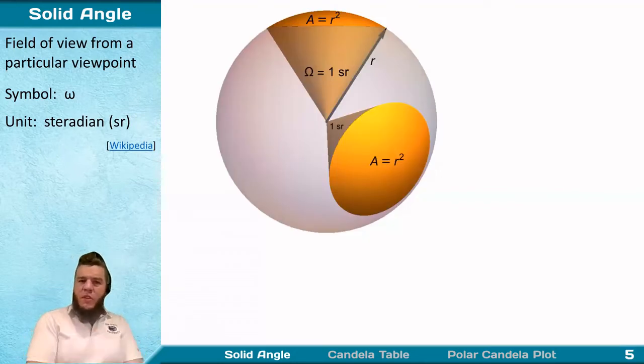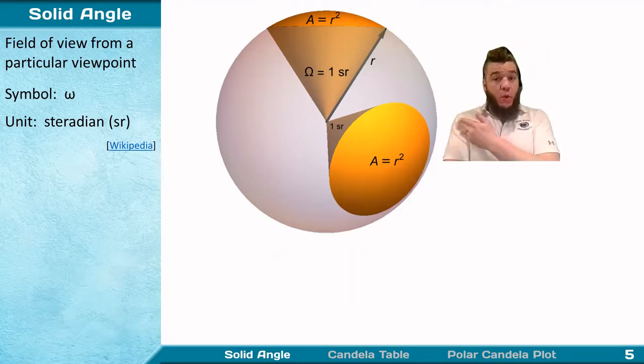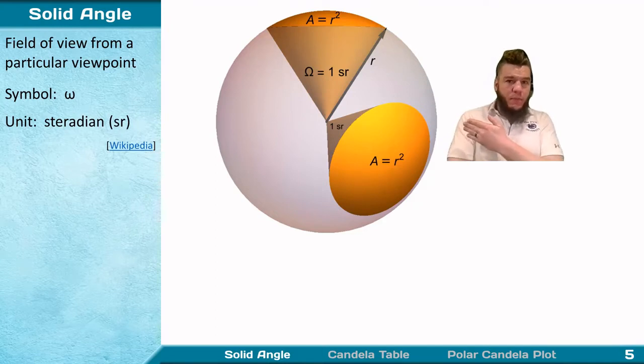Okay, so let's dig into spherical coordinates a little bit more here. So here's a great example, bringing us back to Earth. These cones here show the coverage of exactly 1 steradian.